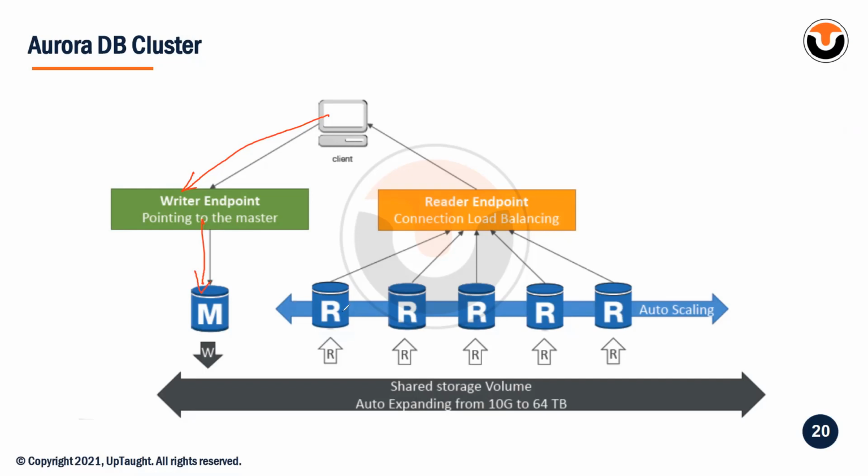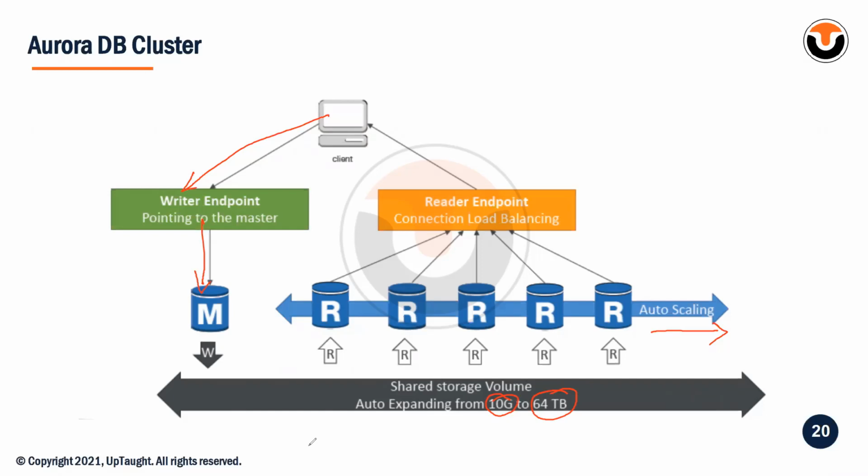Then you have auto scaling read replicas, N number of read replicas, and this can be increased when there is more demand. At the bottom you have storage, automatically expanding from 10 GB to 64 terabytes. So you don't have to worry about storage at all.